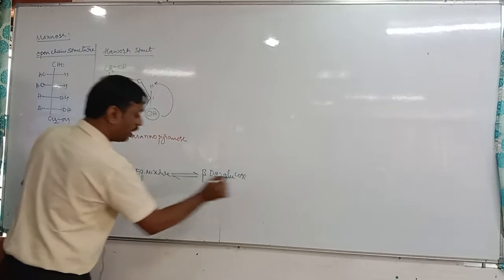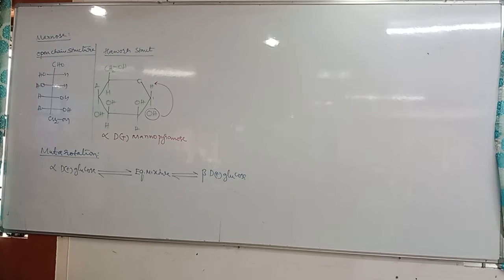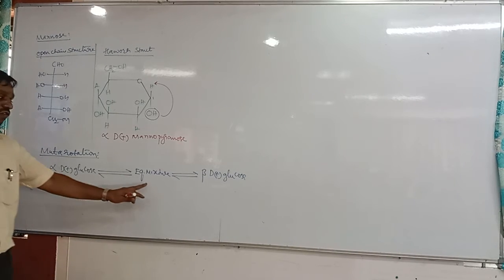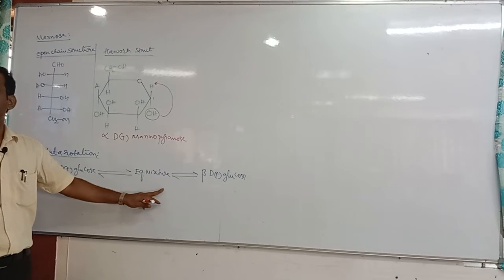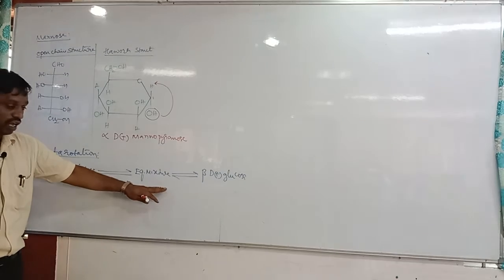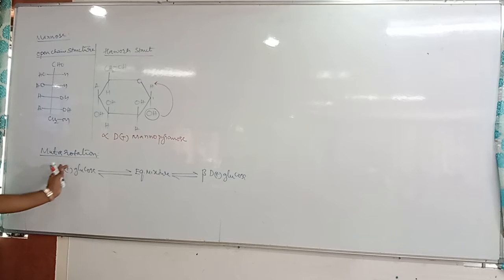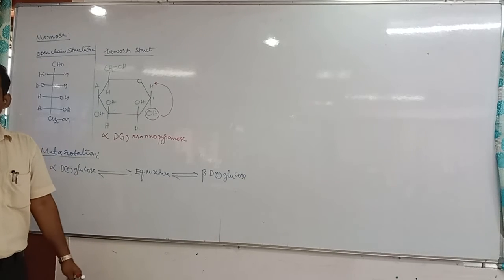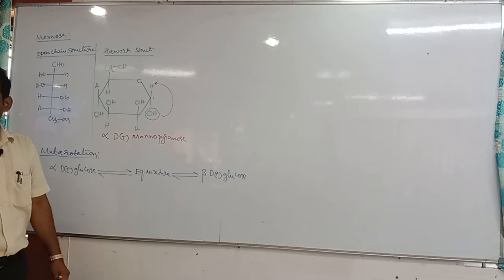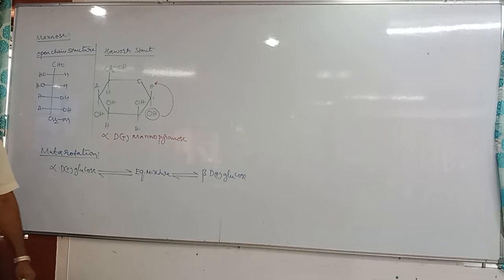So alpha and beta are both interconvertible through the equilibrium mixture. Equilibrium mixture means it has both alpha as well as beta. It may convert into alpha, it may convert into beta. So this is a spontaneous process, right?